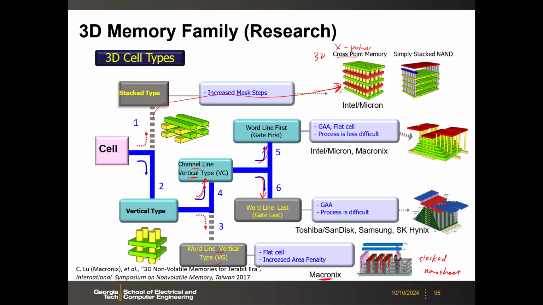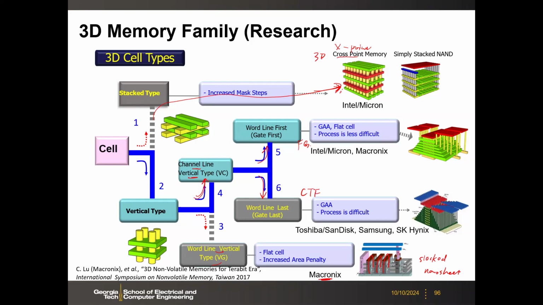Okay, so similarly here, for the floating gate, I mean actually this one is a floating gate. If you still do the gate first process, then you can use the floating gate for the 3D NAND. But if you want to do the charge trap, CTF, charge trap, then you have to use this gate last process.